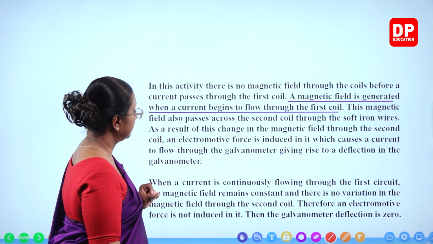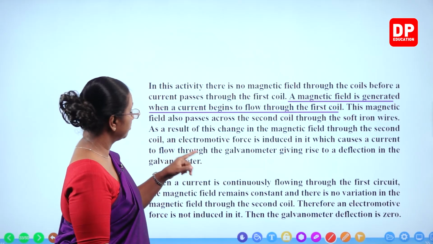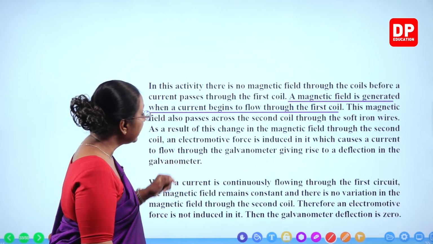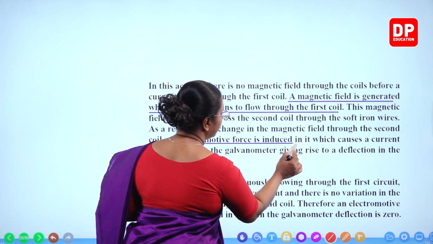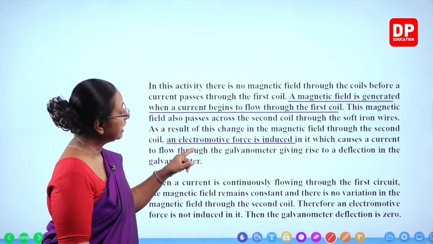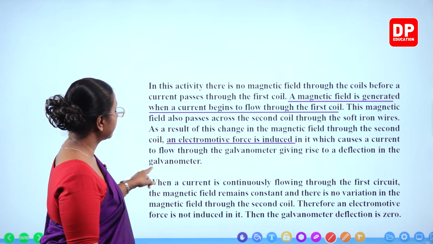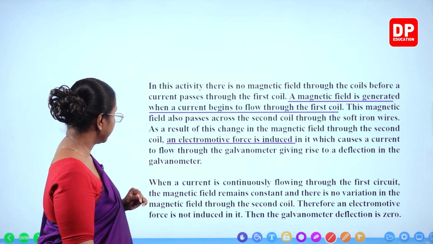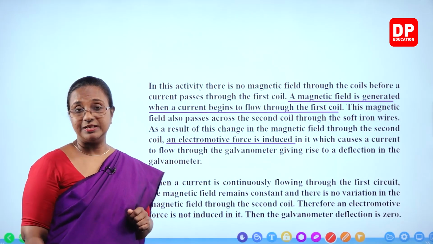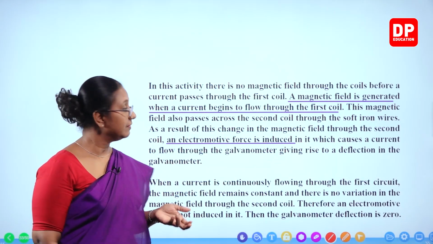As a result of this change in the magnetic field through the second coil, an electromotive force is induced in it, which causes a current to flow through the galvanometer, giving rise to a deflection in the galvanometer. This is also something we discussed.